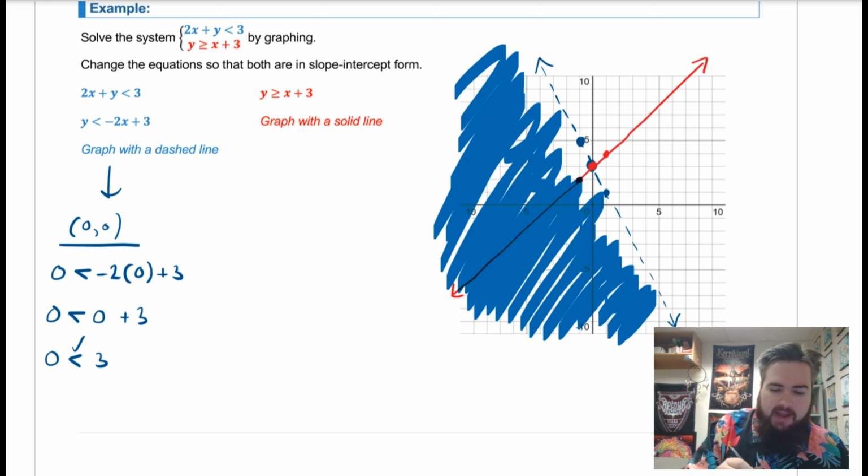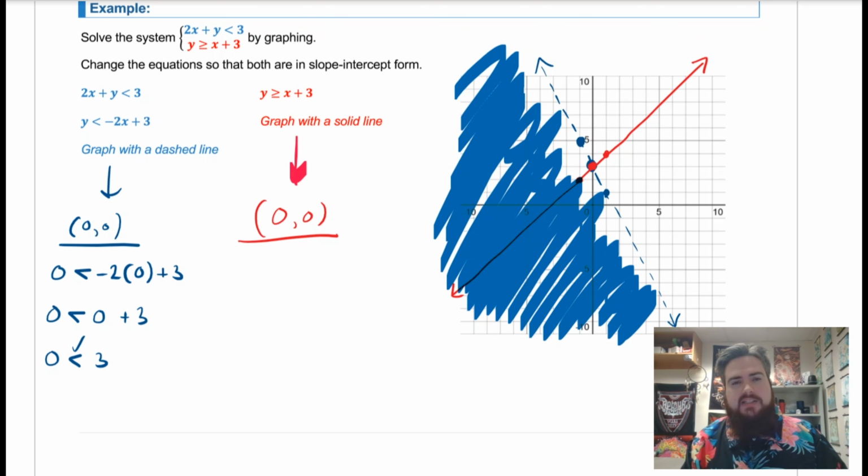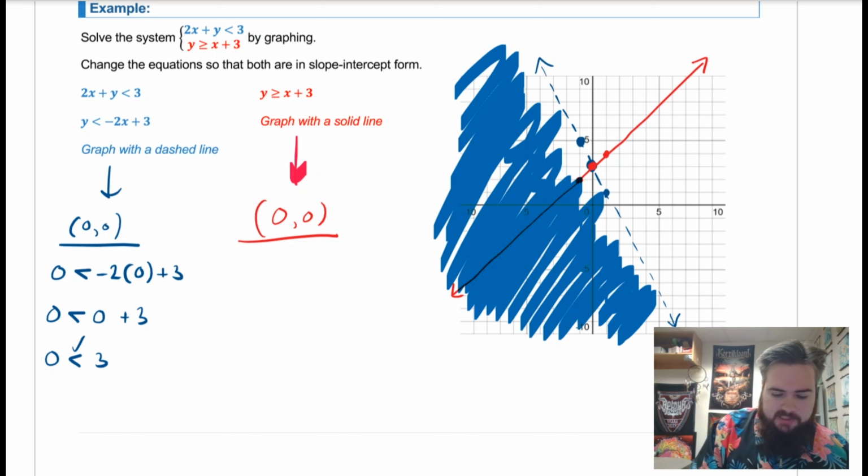Then for the red graph, we can also test something. And again, I just like testing (0, 0). So I'll just test (0, 0) here and see what side of the red solid line would represent solutions for that inequality. If I put (0, 0) into that red inequality, I will get 0 greater than or equal to 0 plus 3, giving me 0 greater than or equal to 3.